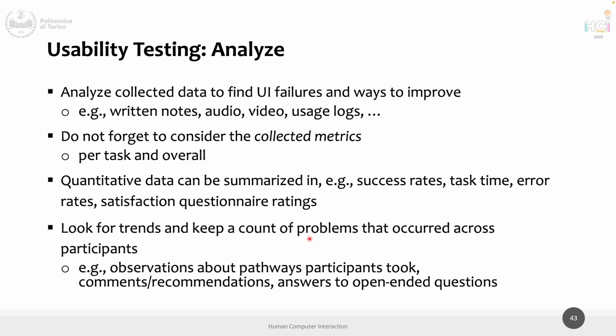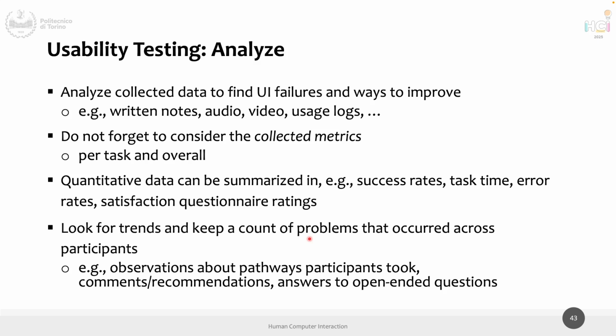Task number 2 has been completed successfully 5 times, so no one had a problem, etc. So per task and overall. Quantitative data can be summarized as well and put together. So overall, the success rate among all the tasks is 80%.